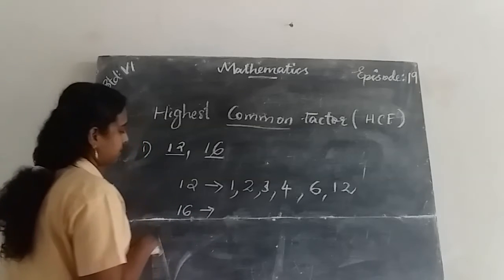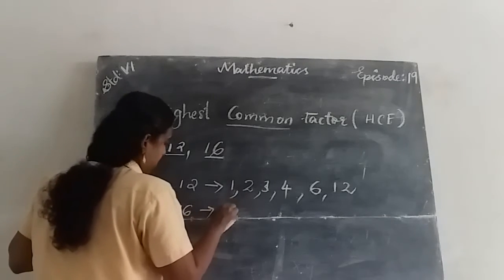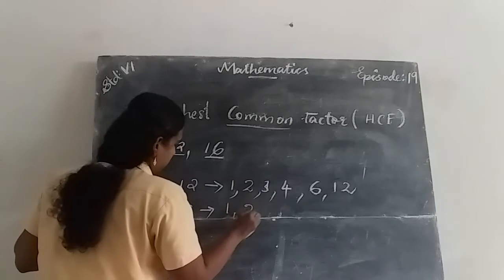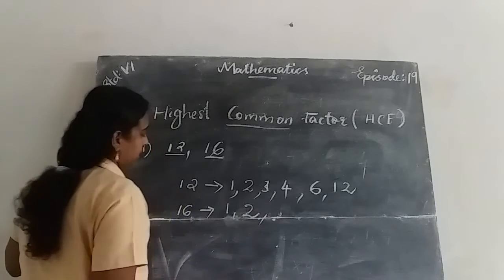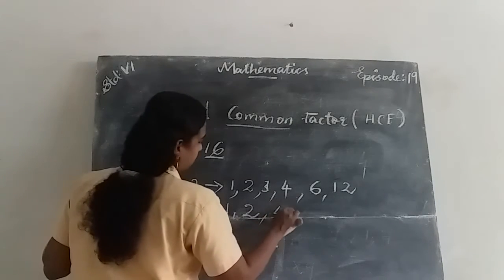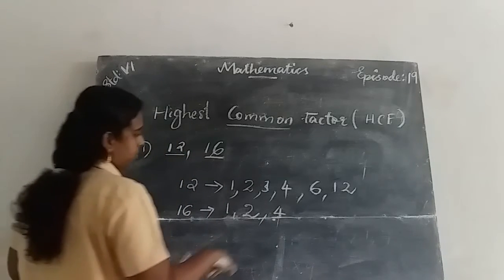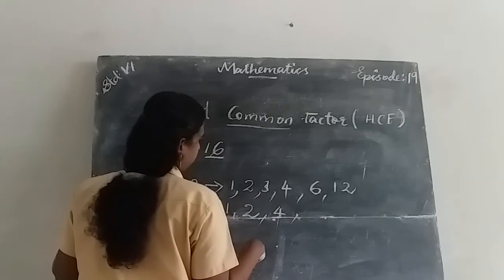Then the factors of 16. 16 comes under the table of 1, then under the table of 2, then in the table of 4.